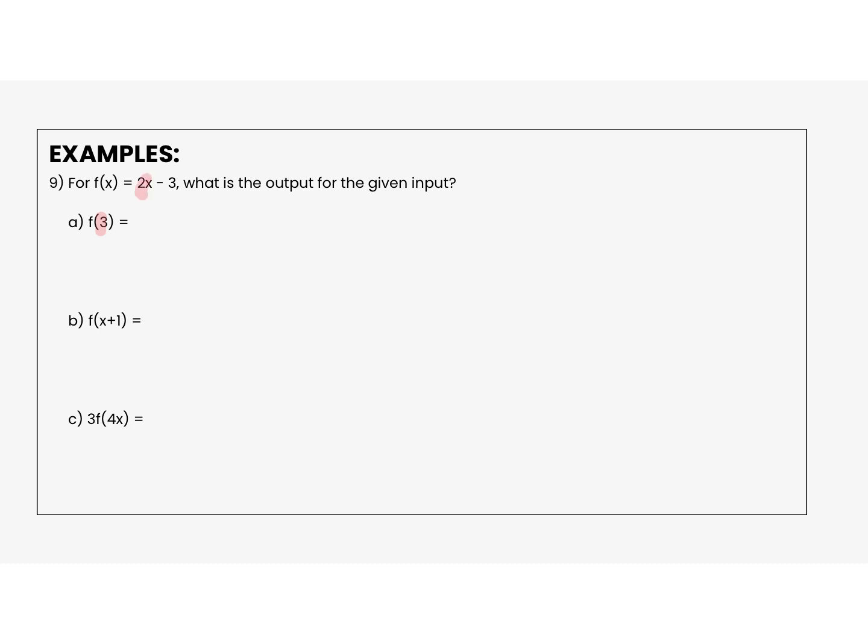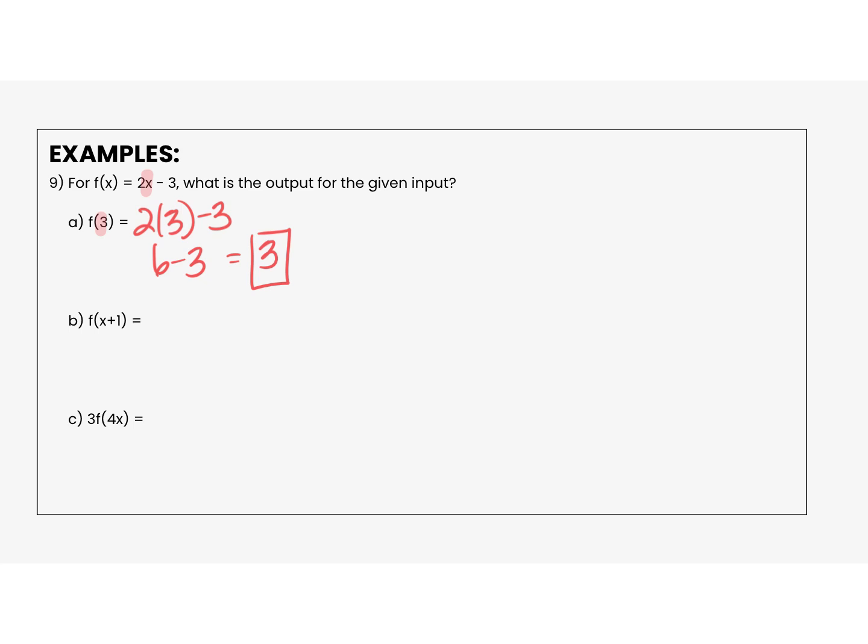Let me make that a little bit clearer. In right there in that x for the input. So all I'm doing for this first one is plugging in 3 for x into my function. So for f of 3, I'm going to do 2 times 3 minus 3, which is 6 minus 3, so my answer is 3.